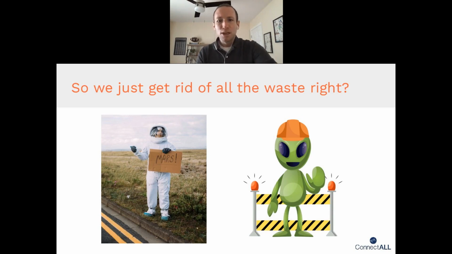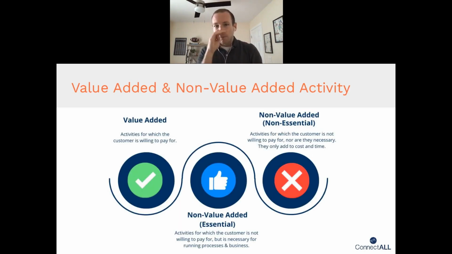And so what we want to do is just get rid of all the waste, right? Well, not exactly. We have to be very careful. And that's where the value stream map is so critical and so useful. Because what we can do with that map is break down each of those individual steps into 3 categories: either value added, non-value added essential, or non-value added non-essential.